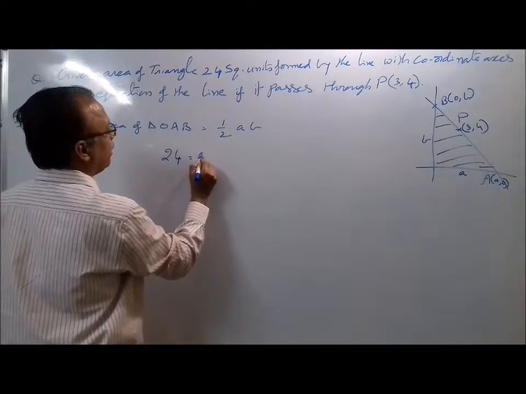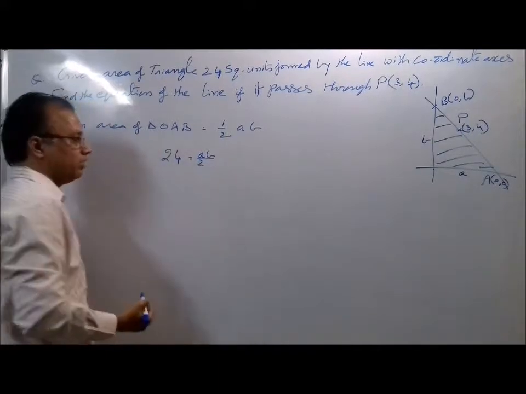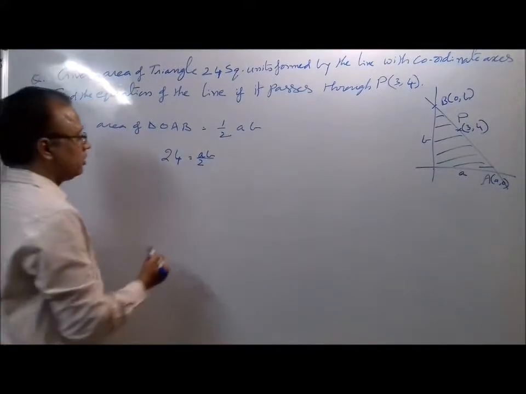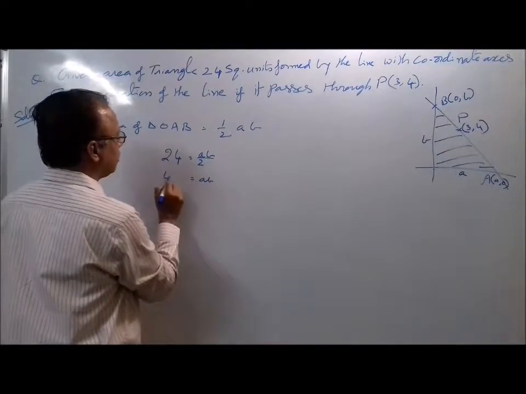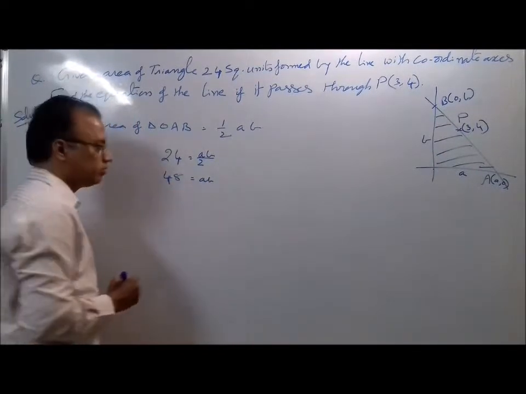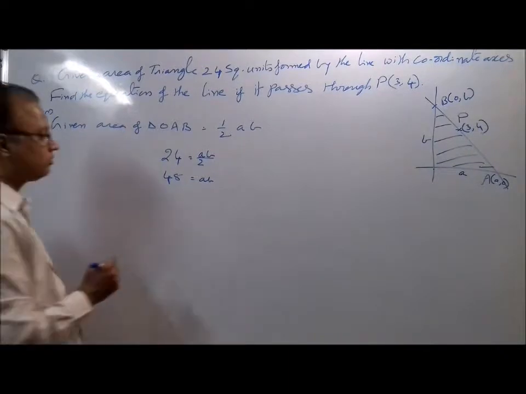That is AB by 2, I can say. So what is AB? 48.